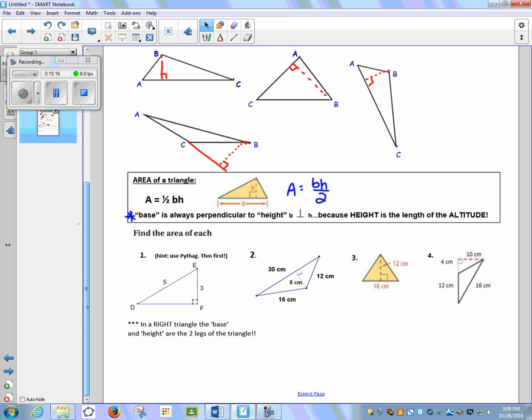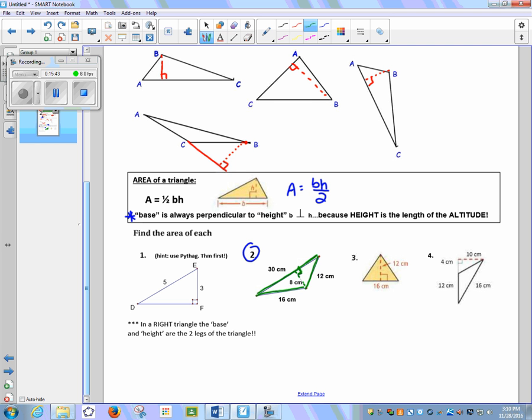So when you're looking at a basic problem like number 2 here, okay, we've got all of these different dimensions. This side is 16, this side is 12, this side is 30, and this measurement is 8. Well, when you're finding altitude, look for that right angle symbol.